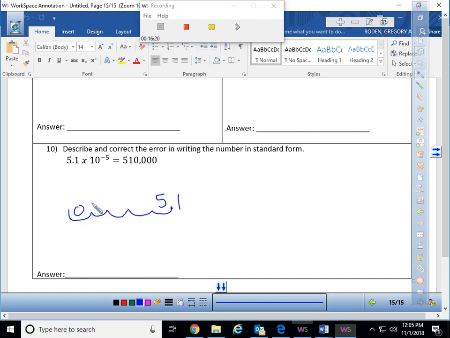So in your answer, you should say something about they moved the decimal in the wrong direction. It should have gone to the left because the exponent is negative, and the correct answer should be 0.0000051. So the 4 zeros need to be in front of the 5-1, not after the 5-1.